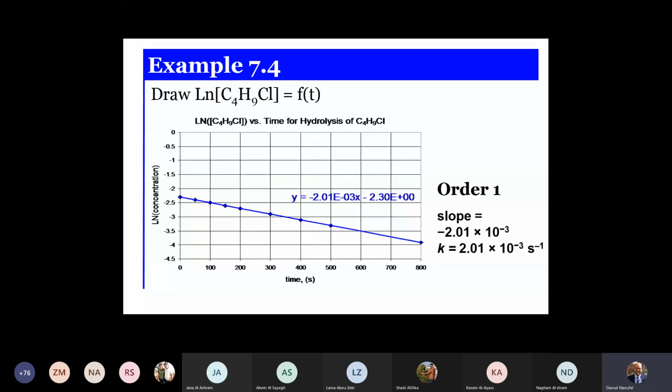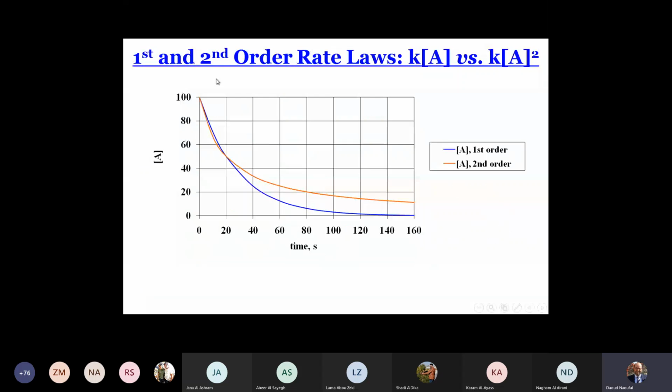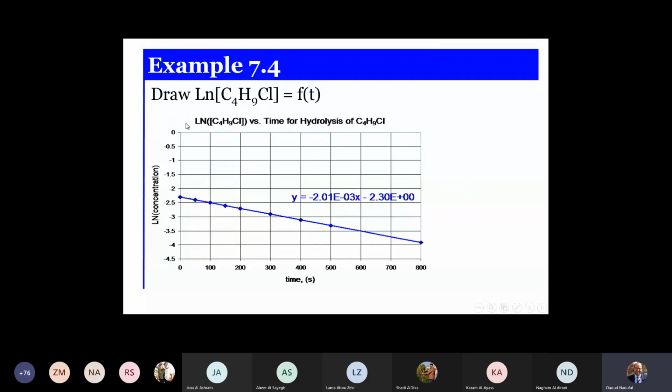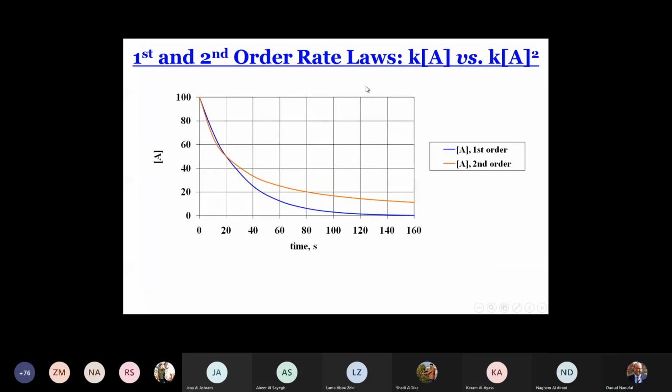So for a reaction of order 0, the variation of A as a function of time is a straight line. For a reaction of order 1, the variation of A as a function of time is not a straight line.